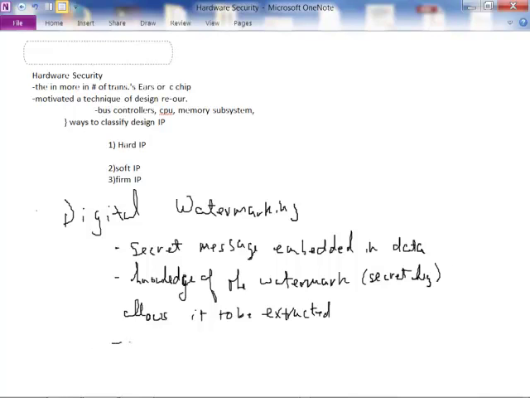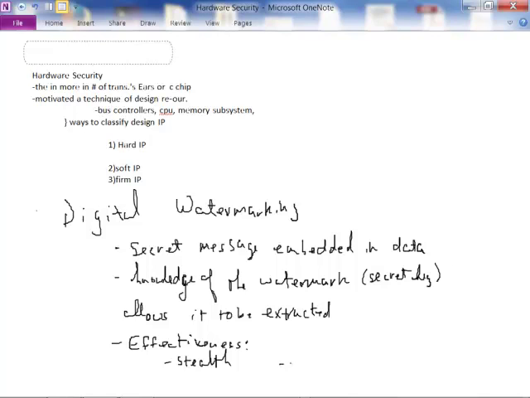And the effectiveness of the watermark is determined by three main things. How stealthy is it? We don't want anybody to know it's there, or we don't want them to be able to extract it unless they know the secret.